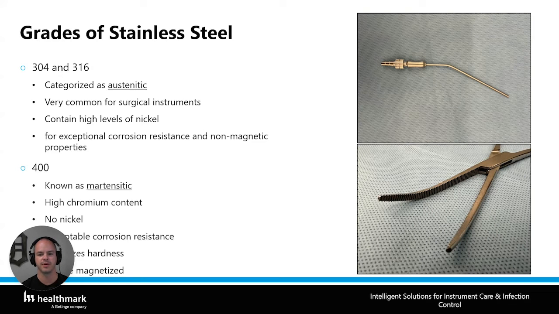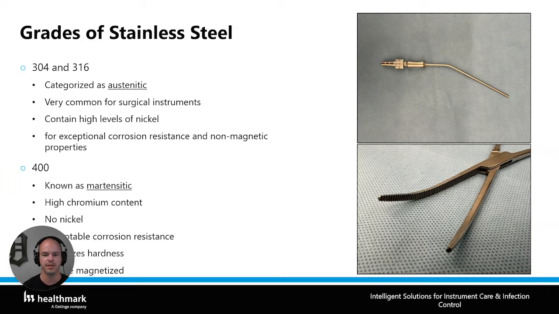Another thing about the grading system of stainless steel is that you have 300 level categories and 400 level categories, and these are typically what comprise the surgical instruments that are non-floor grade, or surgical grade, right?